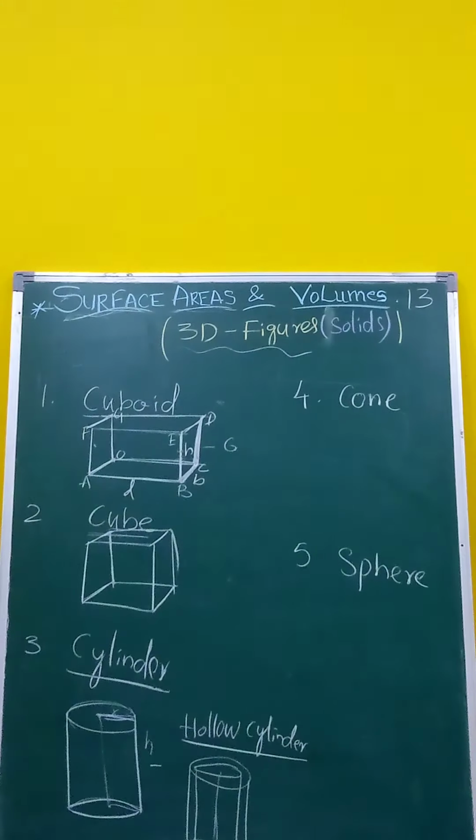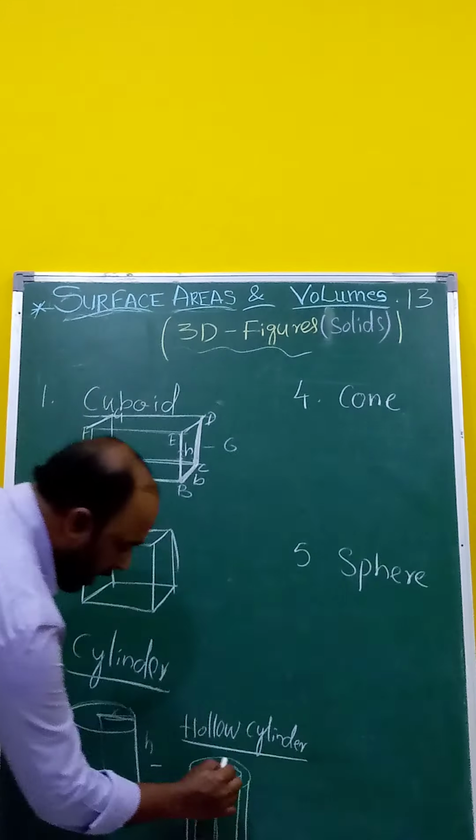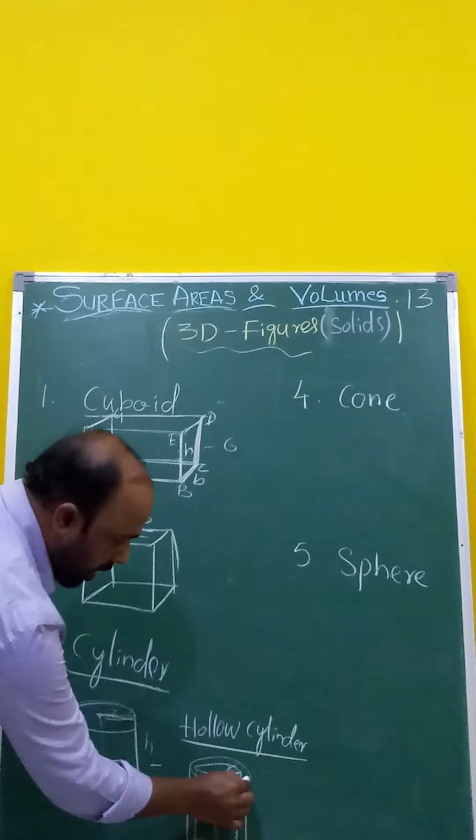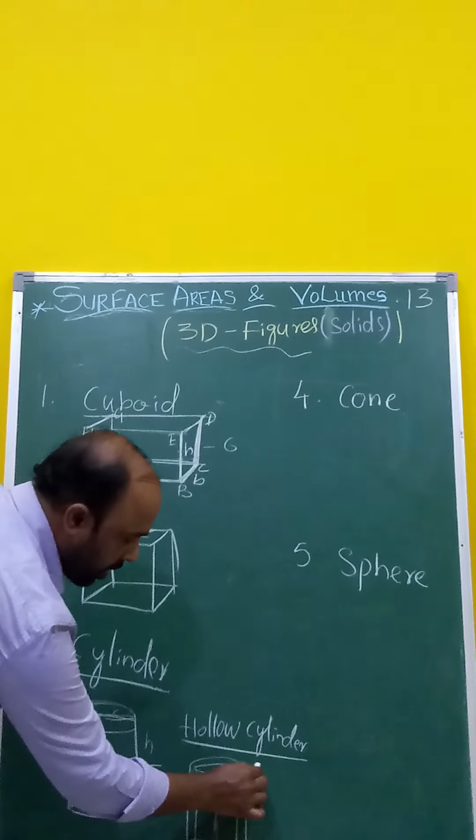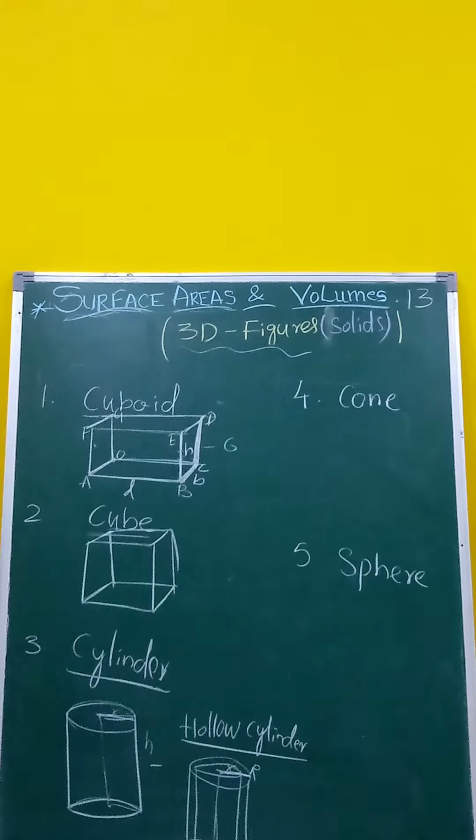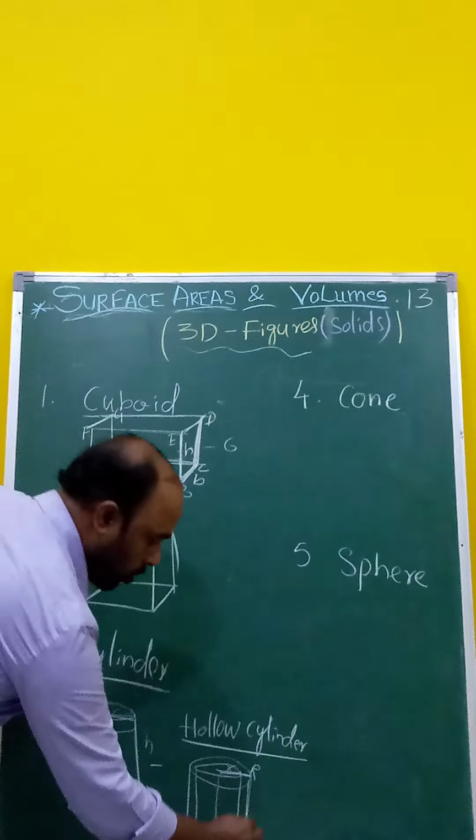This is the hollow cylinder. Here two radii are there: the first one is small r and the outer one is capital R. The height is the same for both.